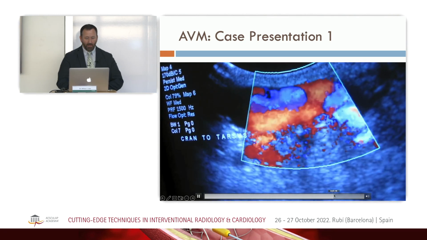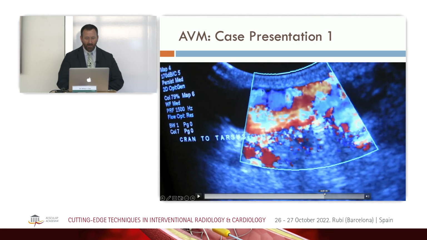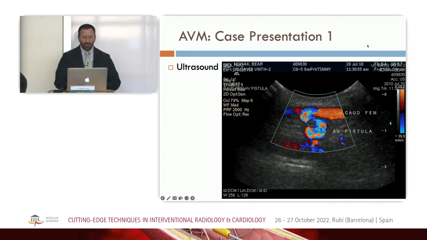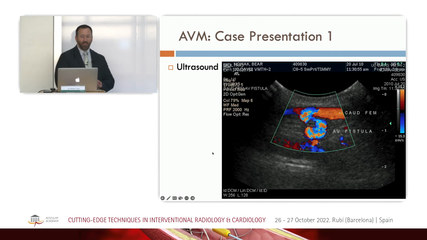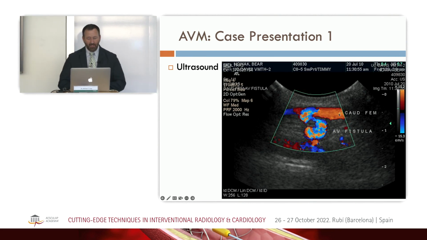Even myself, who's not an ultrasonographer, I can tell that there's some stuff going on there that doesn't look right. At first they called it an AVF. They thought that it was an AV fistula because they thought they could see a clear connection between the caudal-femoral artery and probably the saphenous vein.